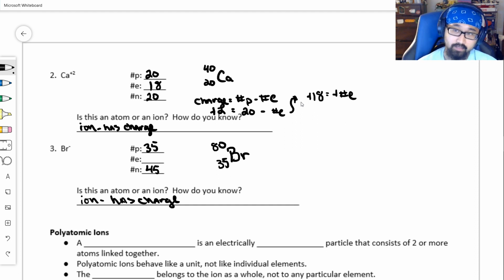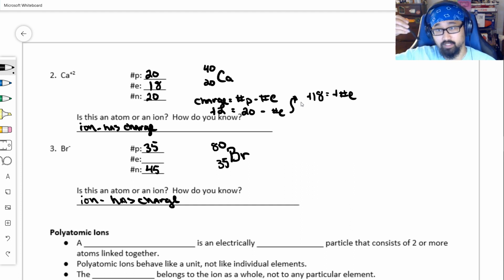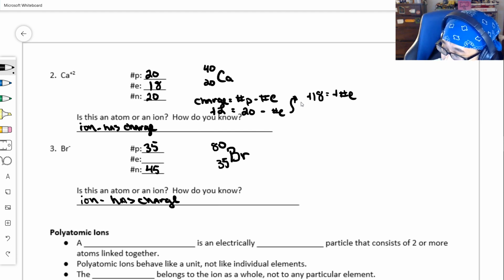The number of electrons. This one's a little funny, because if you look at bromine down there, you'll see it's just a minus sign. If you only see a negative or you only see a positive, then there's a number that's implied. And the number that's implied is 1.